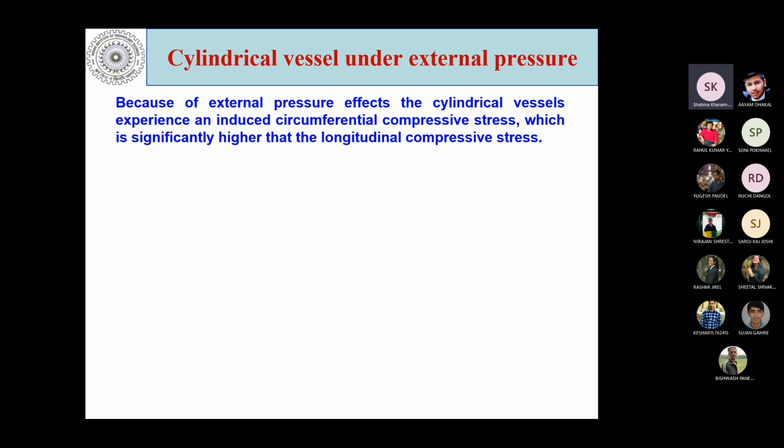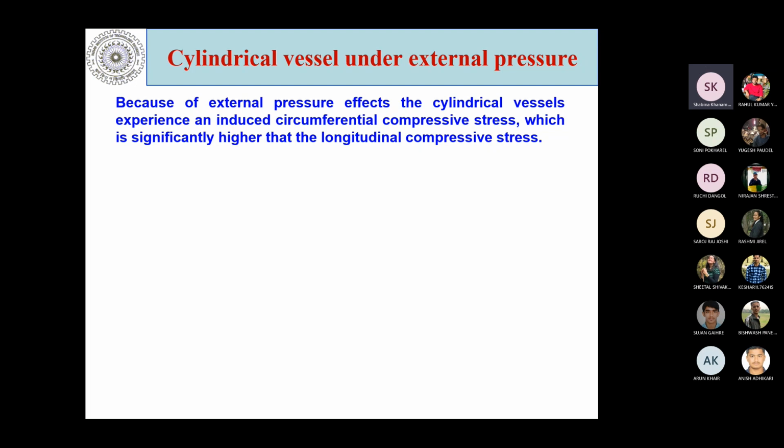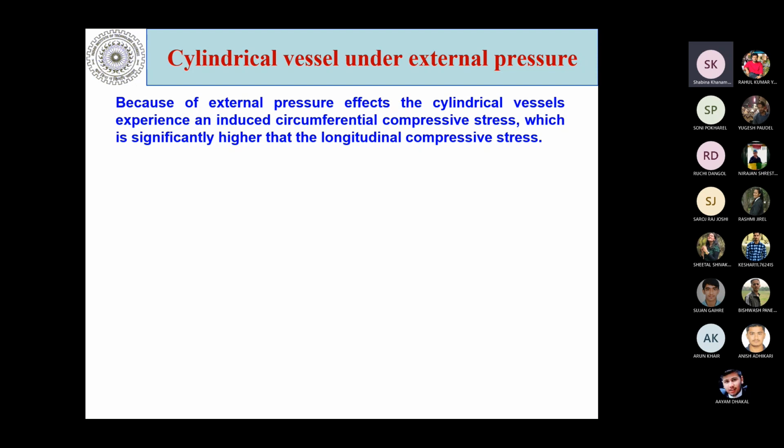So the diameter will play its role, but the acting area will be quite small. However, the circumferential compressive stress along the length will try to squeeze the vessel. Therefore, the circumferential compressive stress is usually twice the longitudinal compressive stress.